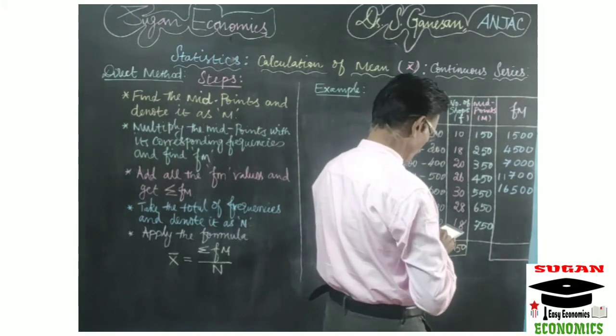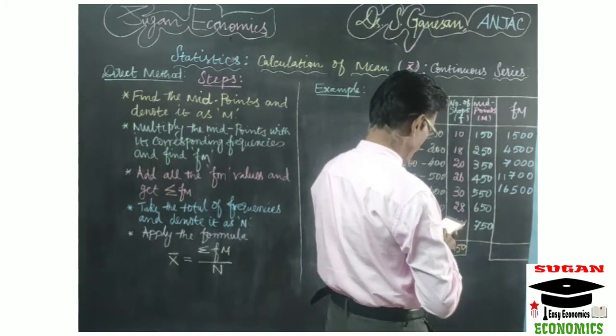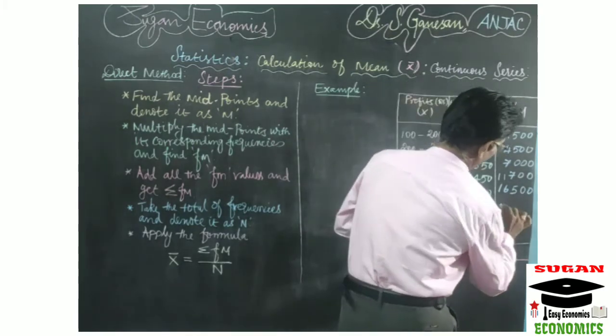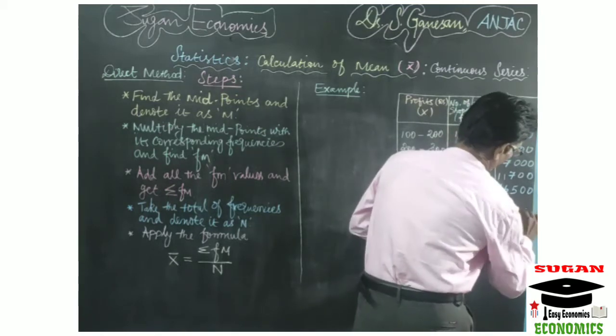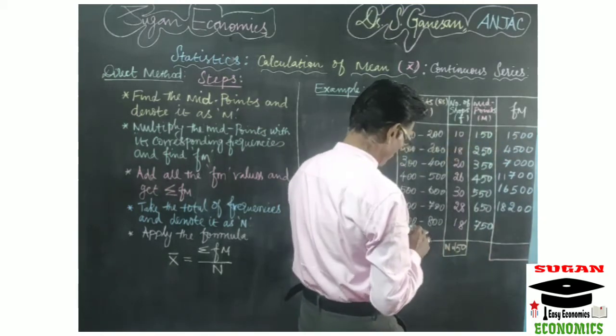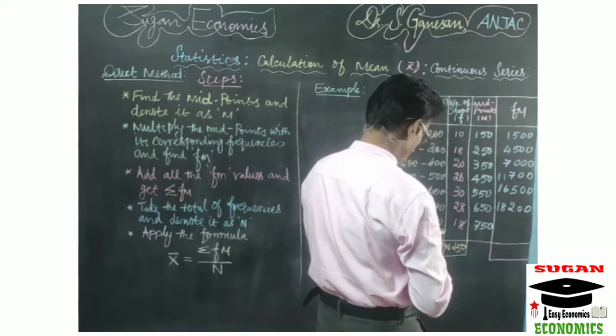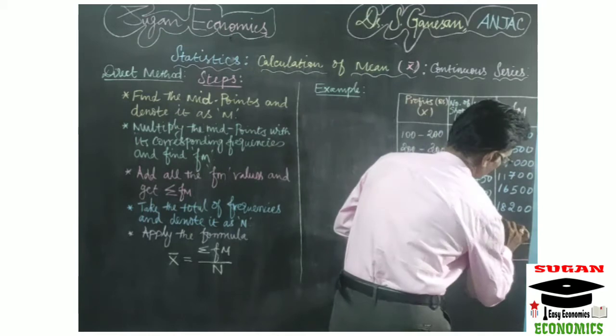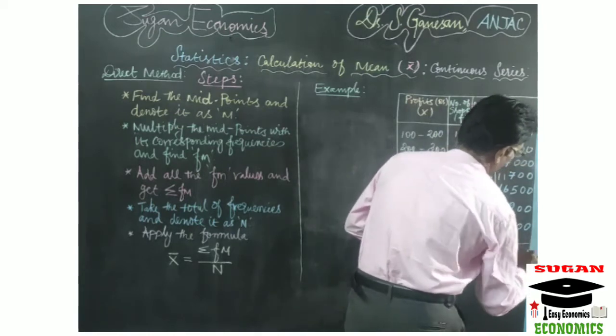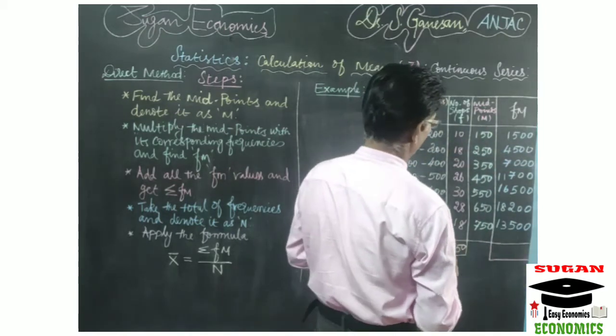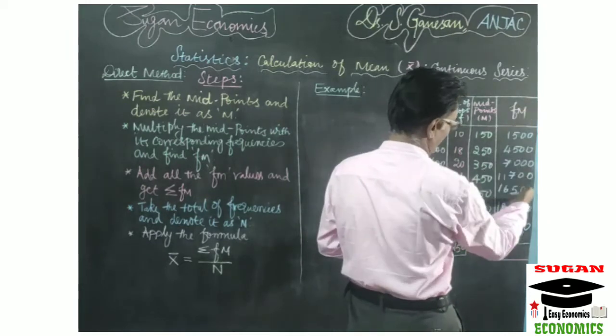Then here you take 28 multiplied by 650. So that is equal to 18,200. Then here you take 18 multiplied by 750. So that is equal to 13,500.